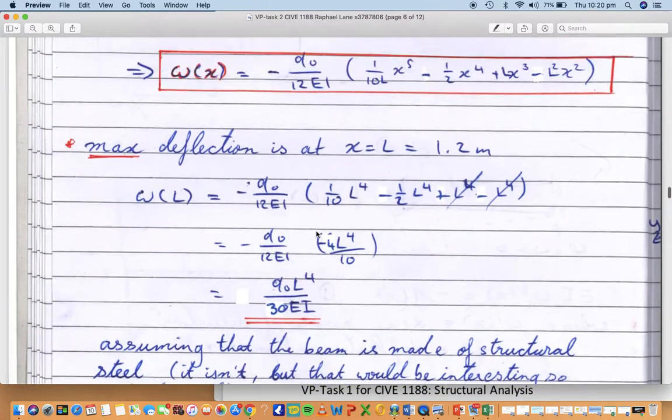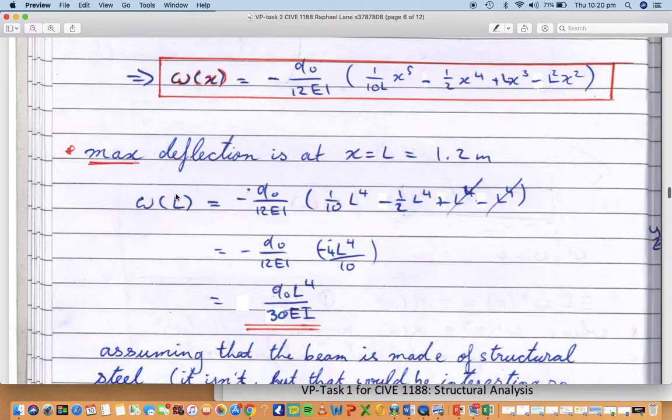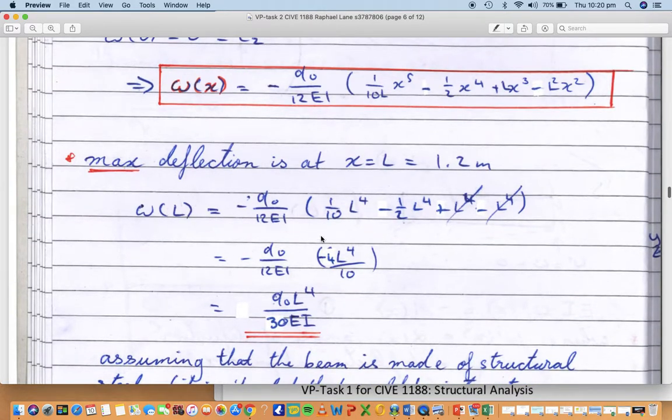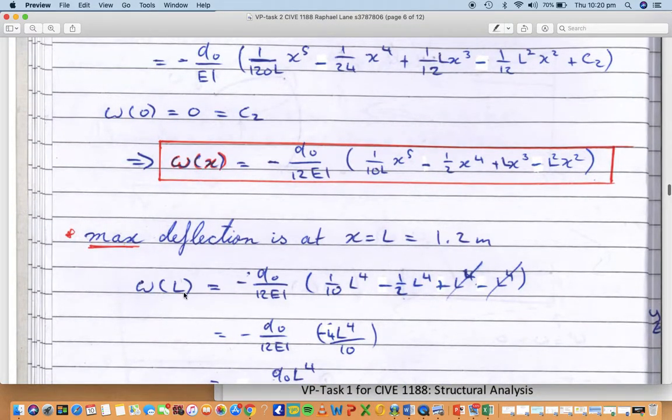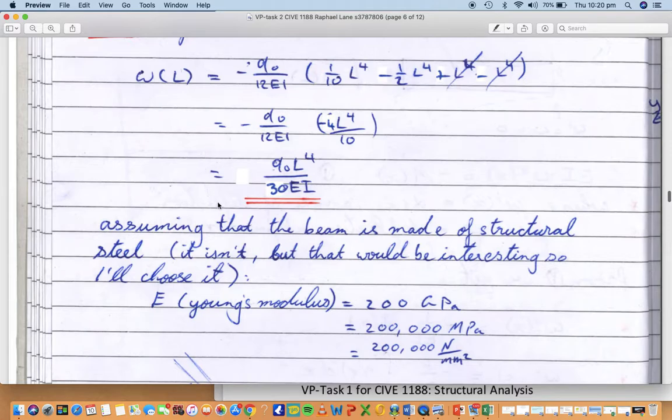Then inputting L representing the length of the beam, I came out with an algebraic expression for the maximum deflection, because this function takes on its maximum value at point L, and anyway, so we have this algebraic expression.